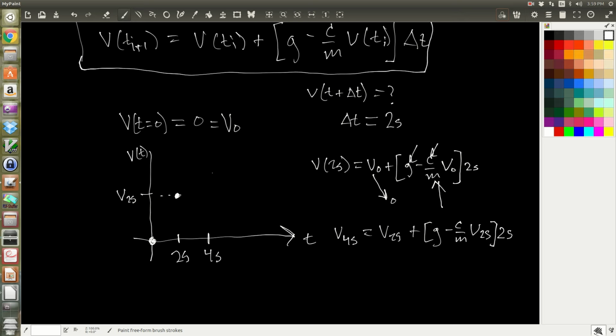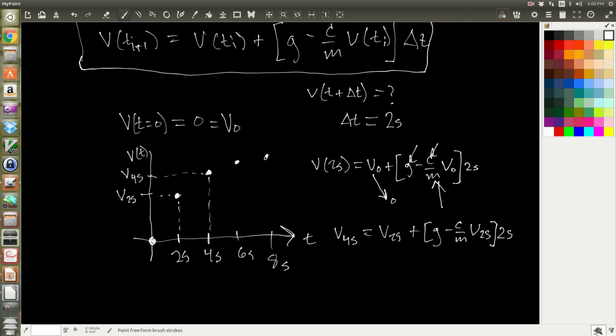And I'll get some other value up here for v at 4 seconds. So now I've computed a value for v at 4 seconds. I can just continue this process to get v at 6 seconds, 8 seconds, and so on, as many times as I want.